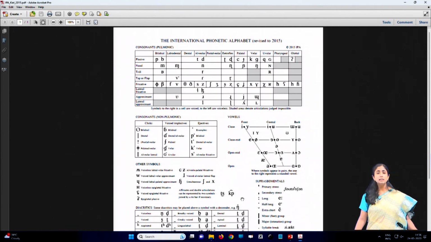So, t and th might seem similar for some speakers, but they will never seem the same sound to a Hindi speaker, because for a Hindi speaker t and th both contribute to the meaning. But in some other language, for example English, if I say k or kh, it does not matter.